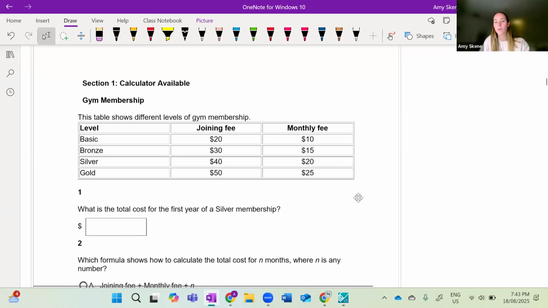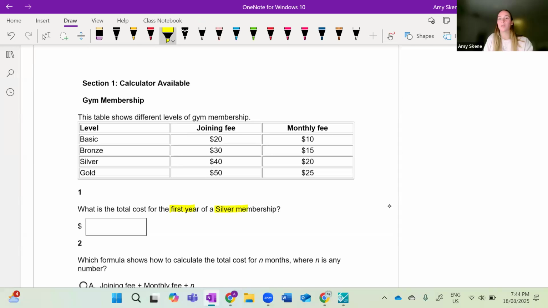So question number 1, what is the total cost for the first year of a silver membership? First things first, first year silver membership. Those are my important bits of information. So I'm going to go to silver and I've got a joining fee and a monthly fee available. The total cost, I have to add that joining fee of $40 and I have to add up 12 months because we have 12 months in a year.